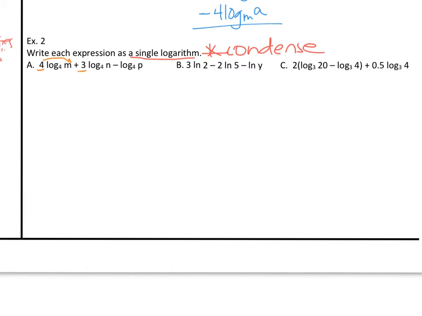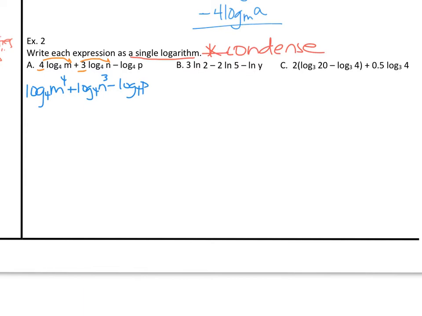I have a 3, that's going to go backwards. And then there isn't anything in front of log base 4 of p. Therefore, the first thing I'm going to do is just rewrite these expressions with powers instead of coefficients. That will give me log base 4 of m to the fourth power plus log base 4 of n cubed minus log base 4 of p.